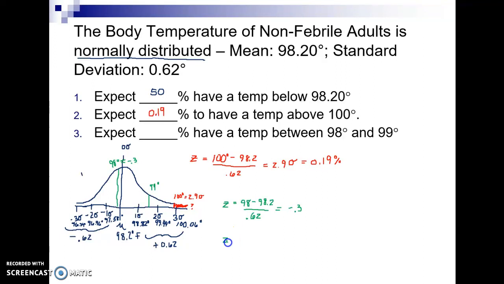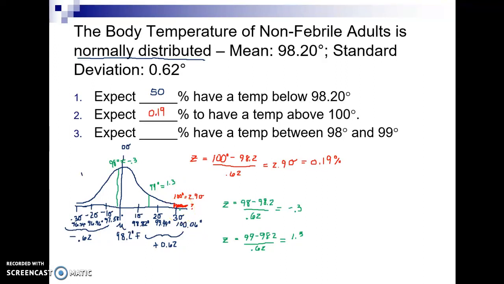Also have to do the z-score for 99. So 99 minus 98.2 divided by 0.62. And do that math on my calculator and I come up with a z-score of 1.3. And again, that makes sense because that was in between 1 and 2. We weren't exactly sure where, but somewhere in between there.